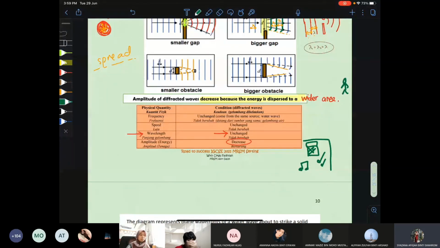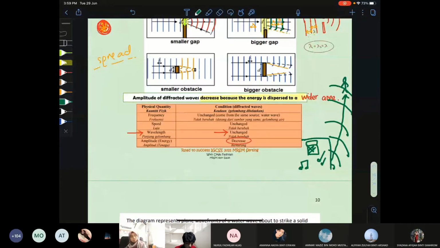Tapi kalau mak masuk bilik, sebenarnya kat dalam bilik tu lagi kuat. Betul tak? Dekat dapur mak dengar tu tak sekuat yang dekat dalam bilik. Kenapa? Sebab diffraction happens, but throughout the diffraction process, the energy tu dah decreasing. Okay, energy is spread. Okay, dispersed.